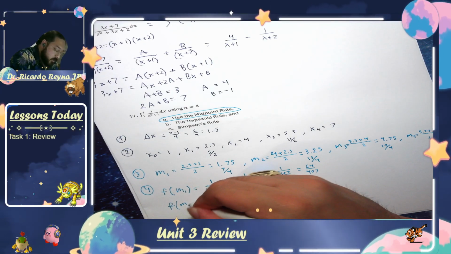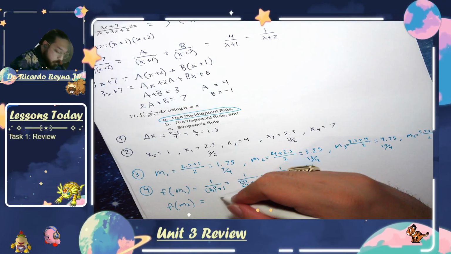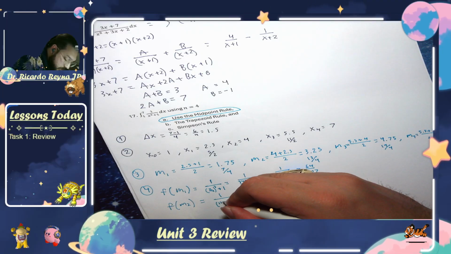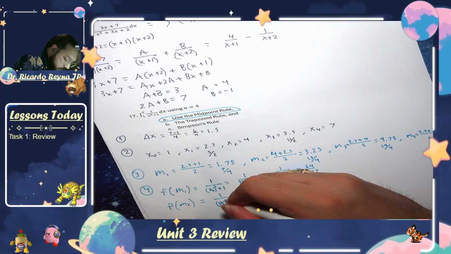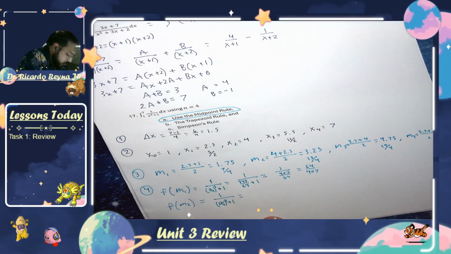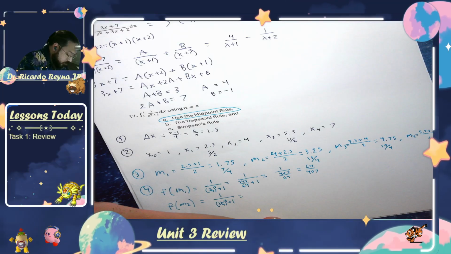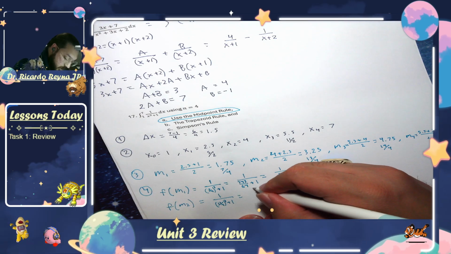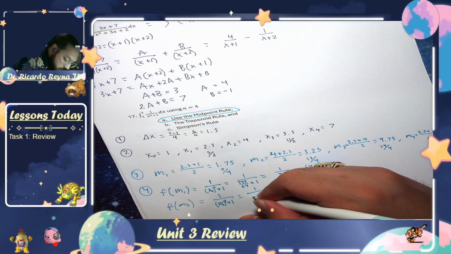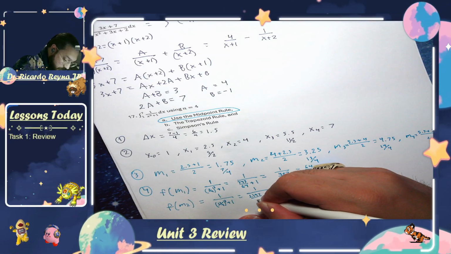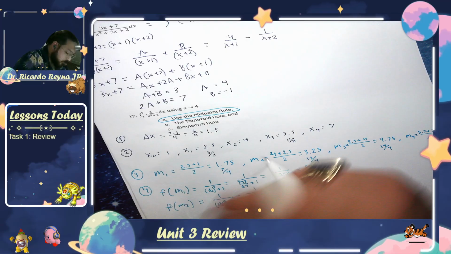F of M2 is 1 over (13 over 4) to the power of 3 plus 1. 13 to the power of 3, that's crazy, is 2197 over 64.